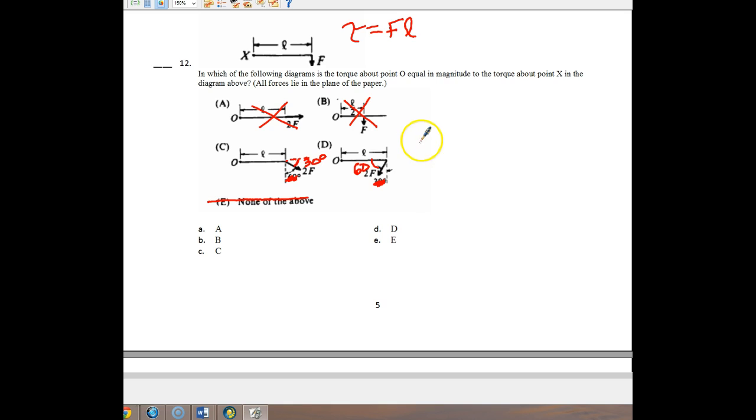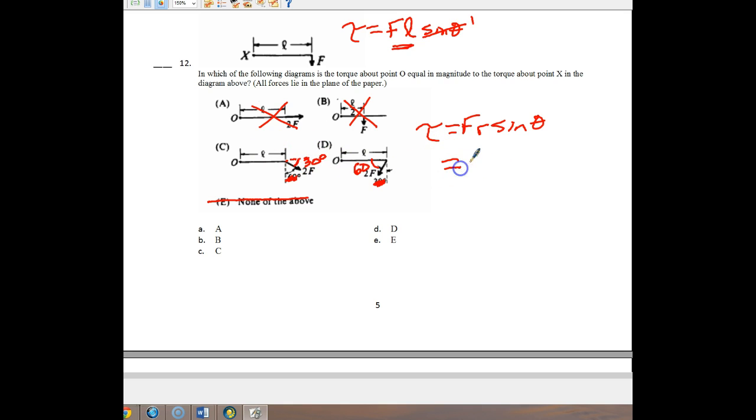Now we can use our equation for torque. Remember, torque is equal to force times R times the sine of the angle. Here, the angle was 90 degrees, so the sine makes this 1, so it's really just FL. So let's see if either of these will give us that. Let's do the one with the 30 first.